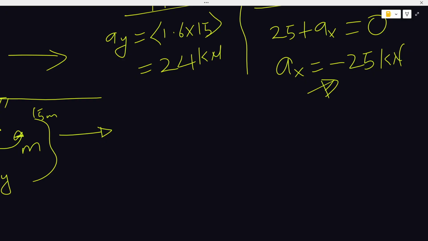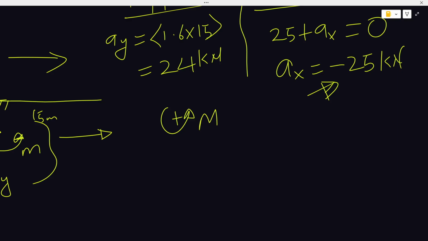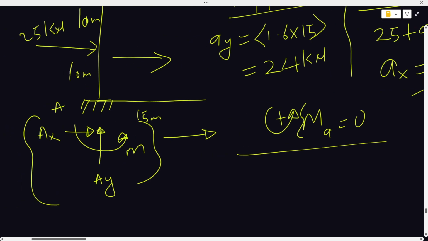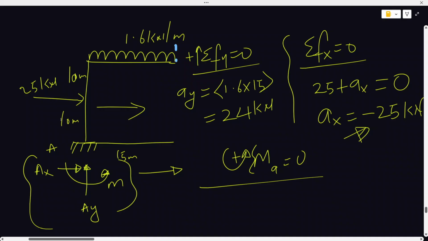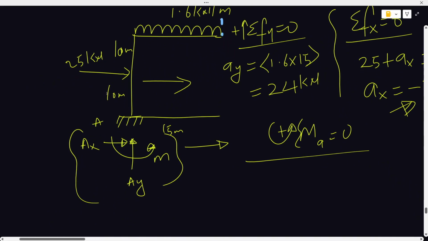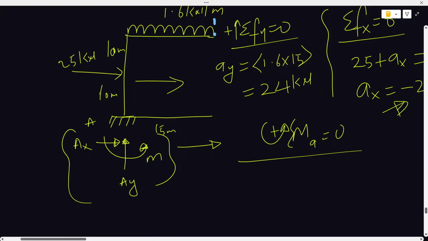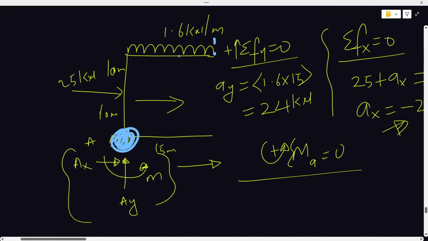So the next thing is to apply the third equilibrium equation, summation MA, let's use at point A, is equal to 0. So looking at the structure, applying the moment at A to be 0, the way I think of it is that let's imagine a ball is here. So at A, the things that will act would be a force coming from this UDL.